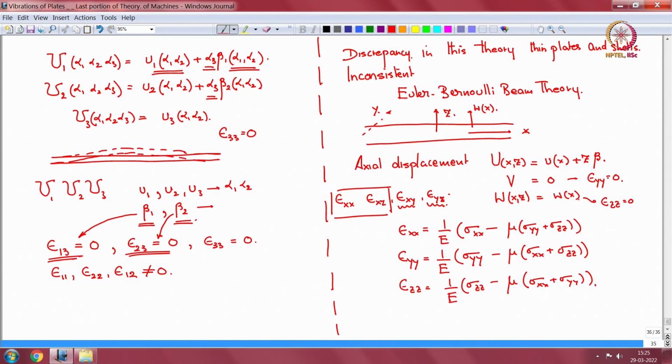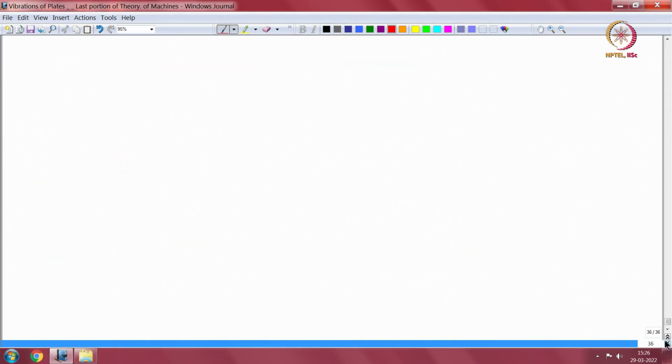Okay. Now if we use in here the fact that epsilon yy is 0 and epsilon zz is 0, okay, what do we get? We get sigma xx will be equal to E (1 minus mu) by (1 plus mu) into (1 minus 2 mu) into epsilon xx, okay.